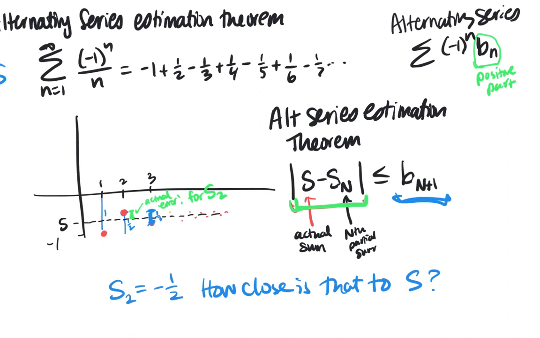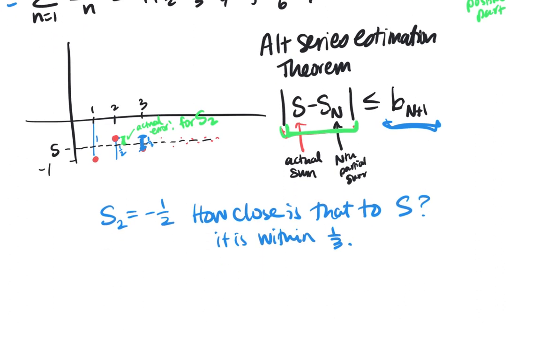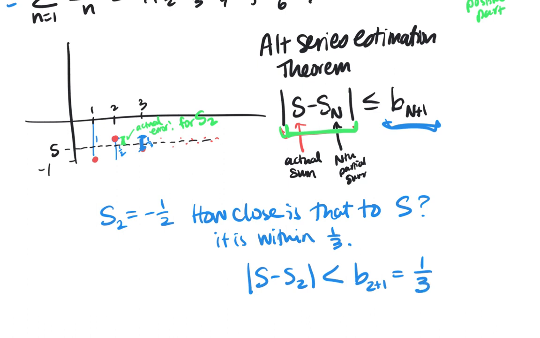If I call that infinite sum S, I can say it is within 1/3 by the alternating series estimation theorem. So I can say S minus S2 is less than B sub 2 plus 1, which is equal to 1/3.